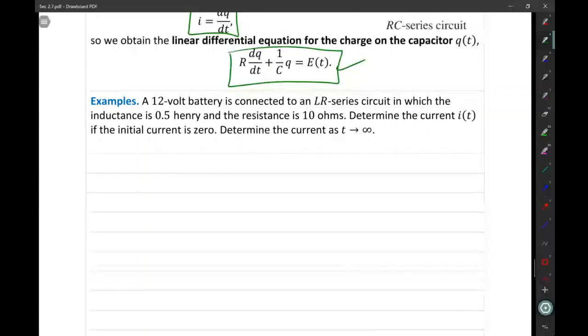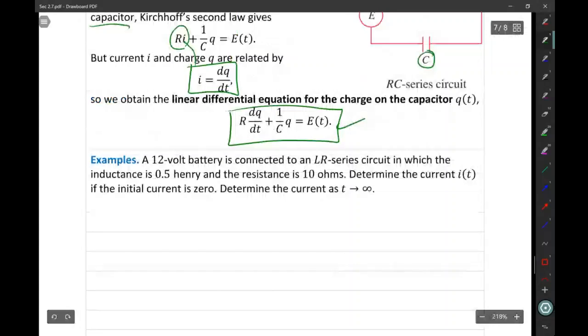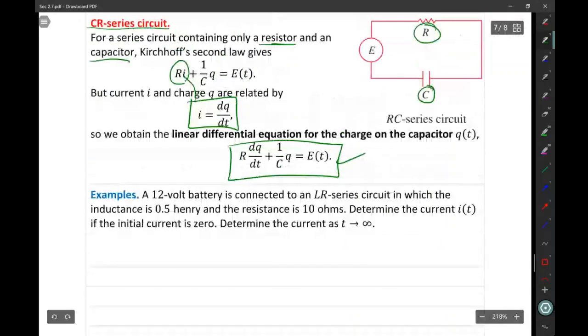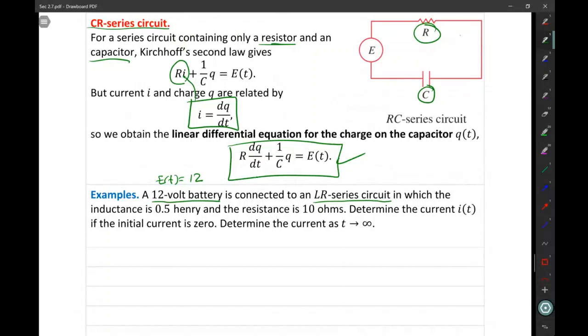The example says a 12-volt battery. What does this mean? It means E of t is equal to 12. It is connected to an LR series circuit in which the inductance is 0.5 Henry.